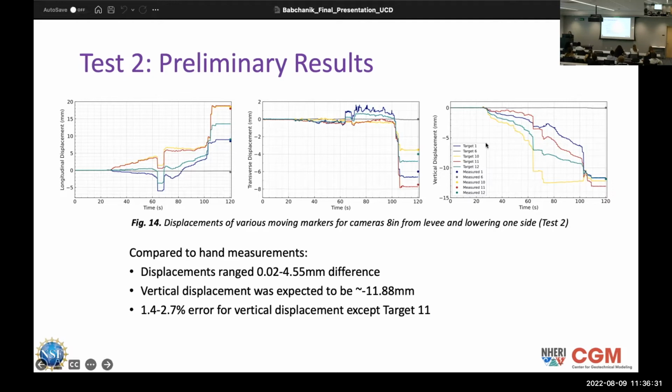And I showed in the graph, the vertical displacement wasn't too inaccurate, although it can obviously be improved. Besides the outlier, which is target 11, which had about a 10% error. And the longitudinal results weren't too bad either until you got to target 12 in the X direction. Additionally, the target points were just one line across 0, just to see how well the software can calculate the displacement of something that doesn't move at all. So that's what the straight lines are for in the graph.